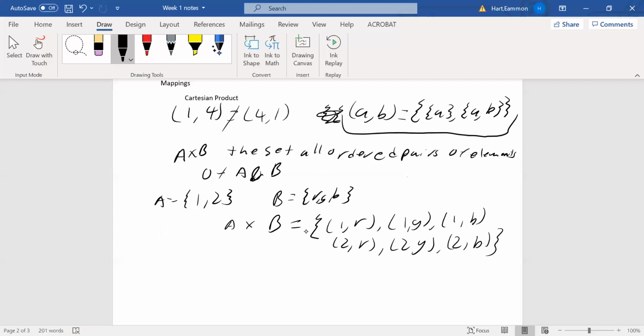This right here is the Cartesian product. It's the collection of all of these ordered pairs.